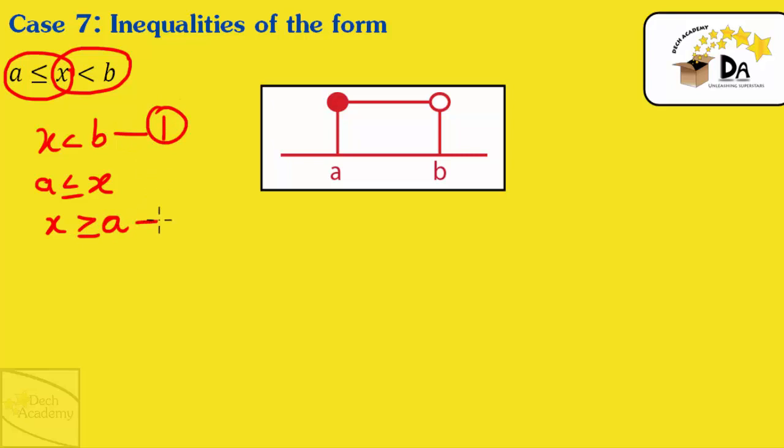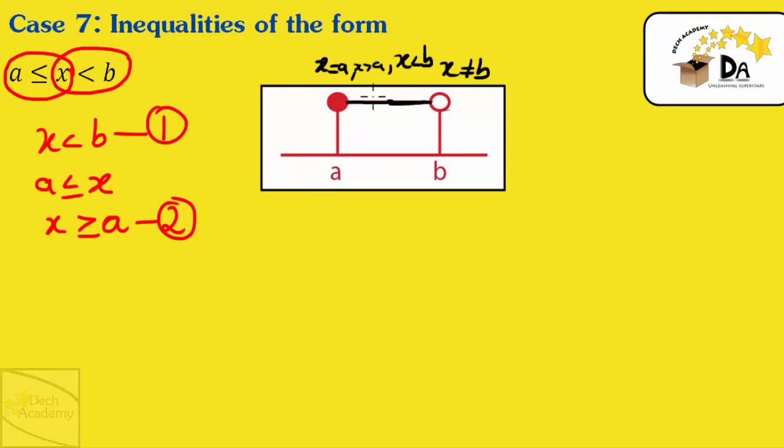Inequality 1, inequality 2. x is greater than or equal to a is given by a vertical line with a shaded circle showing that x can be equal to a, and a line pointing towards the right showing that x can take values greater than a. For the first inequality, x is less than b, a vertical line with an unshaded circle tells you that x can't be b, but a line towards the left says x can be less than b.